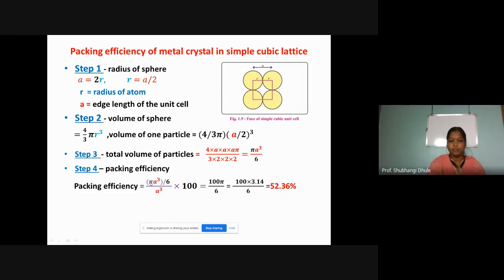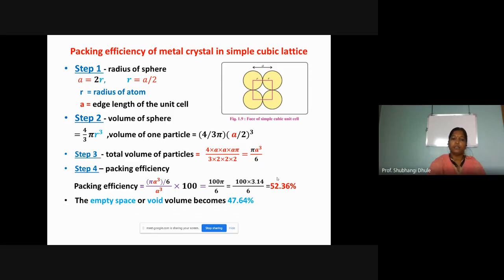We multiply by 100, we get 100 pi upon 6, put the value of pi as 3.14, and we get the answer 52.36%. If you multiply by 100, we get the answer in percentage. So this is very simple. You just remember the steps: step 1, step 2, step 3, and step 4, and we get the answer.